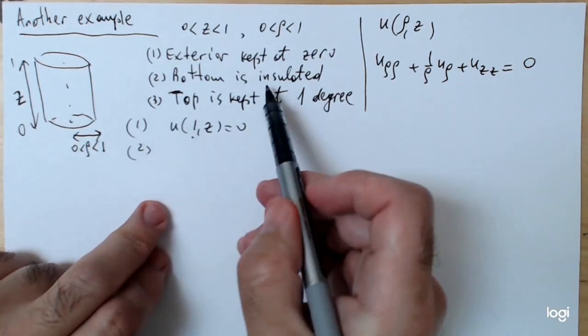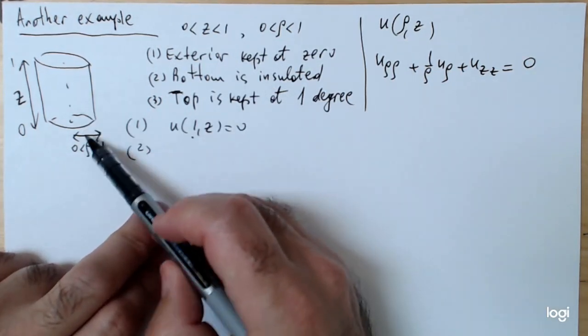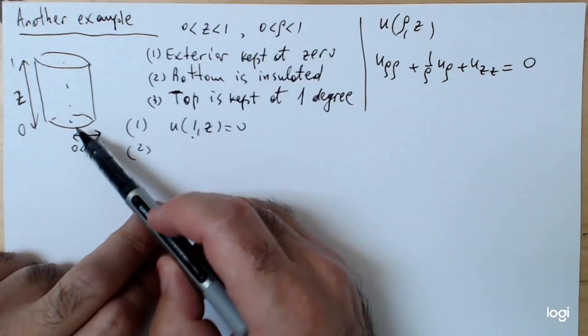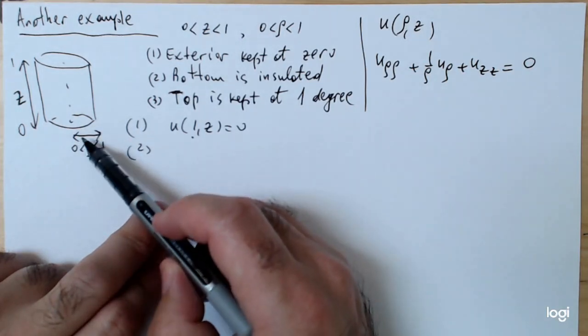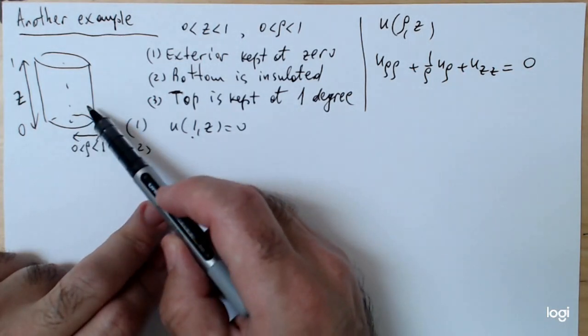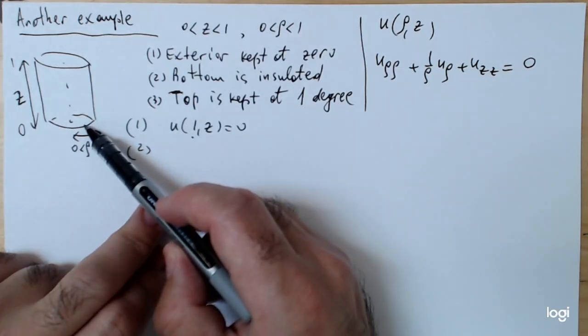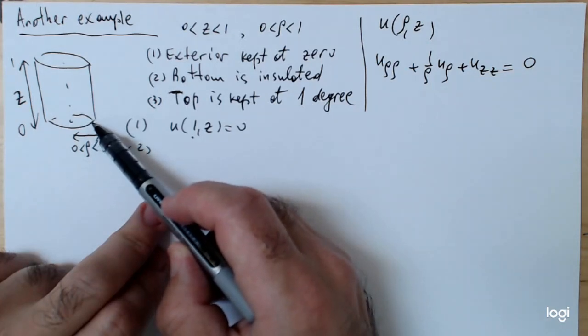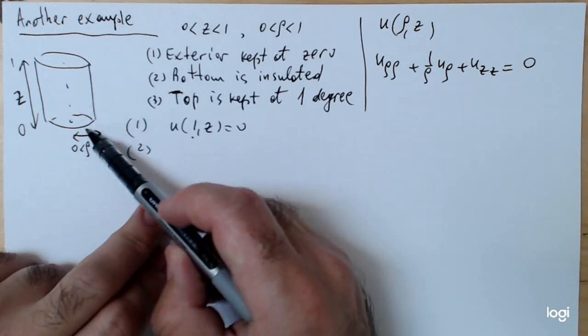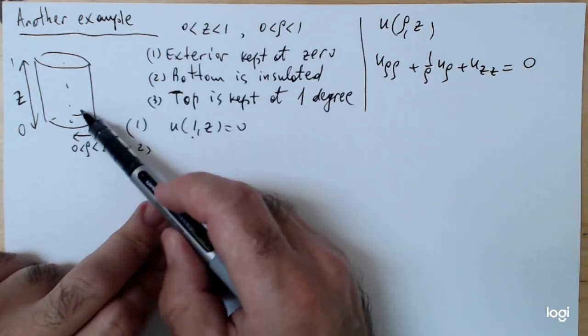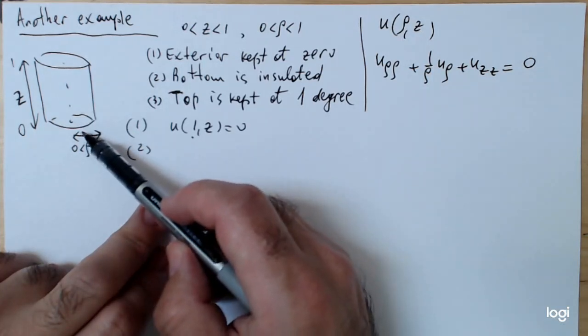Second condition, the bottom is insulated. Insulation means no heat transfer with respect to the space gradient, right? So that means in the direction of Z, because the bottom is basically described by Z equals 0. So across the bottom, from up down, I mean in the vertical direction, there's no heat transfer.